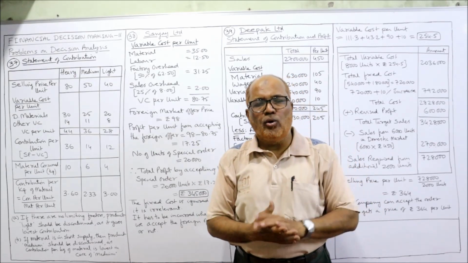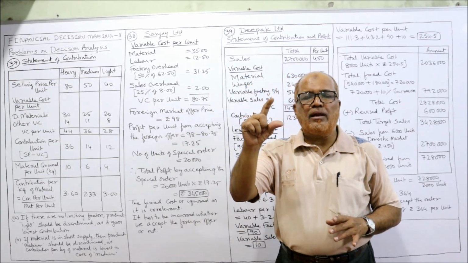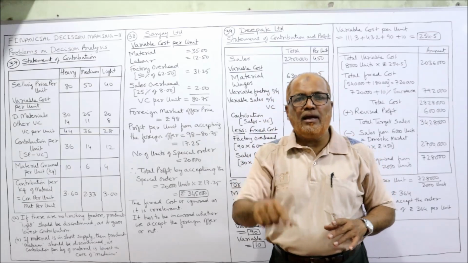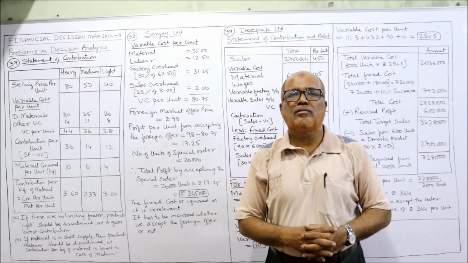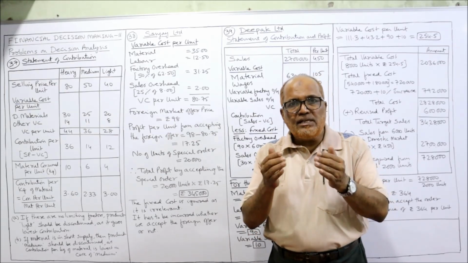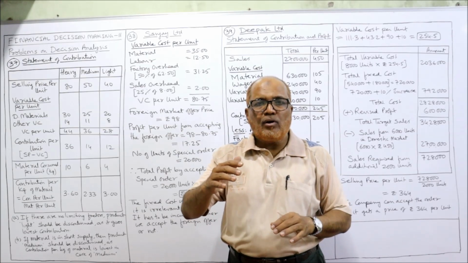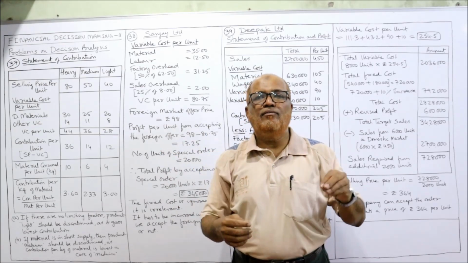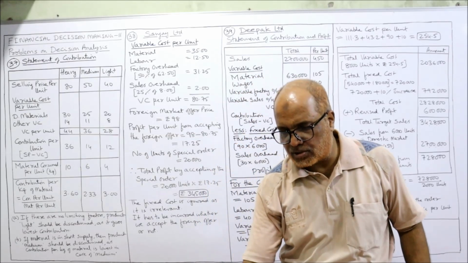So fixed cost is ignored. So we calculate the variable cost per unit and compare it with the offer price. The offer price is 98 rupees. If the variable cost is less than 98, we accept the offer. If the variable cost is more than 98, we reject the offer. So we need the variable cost.